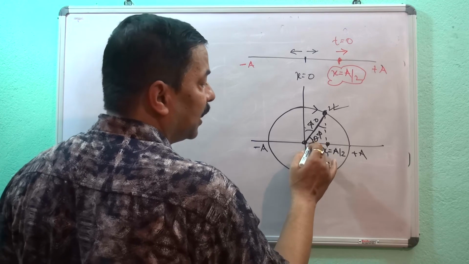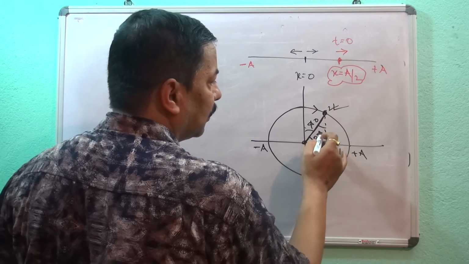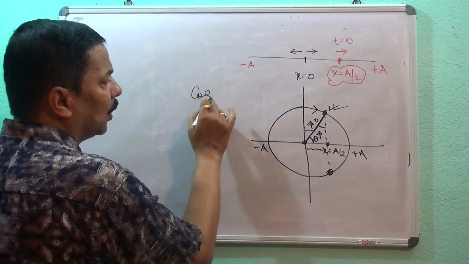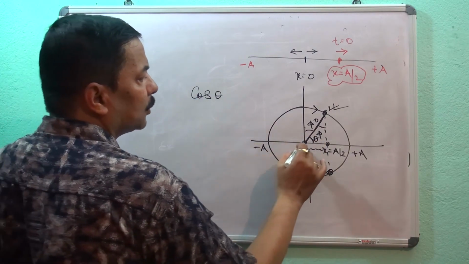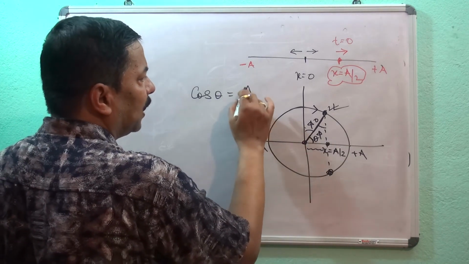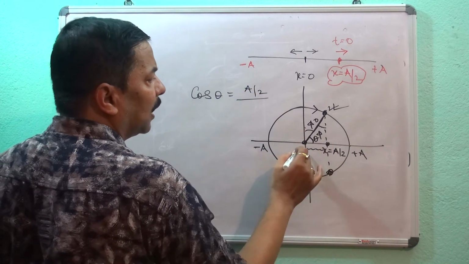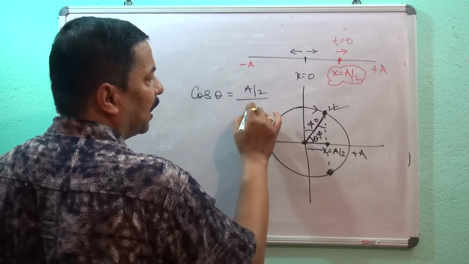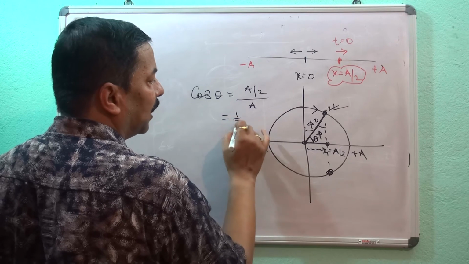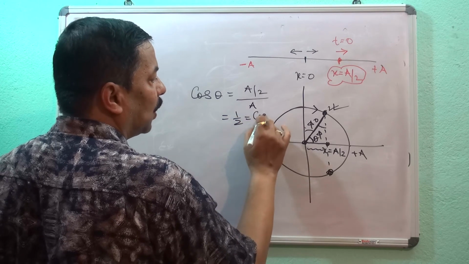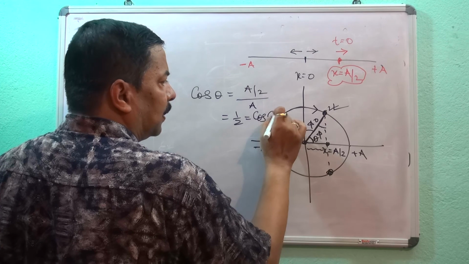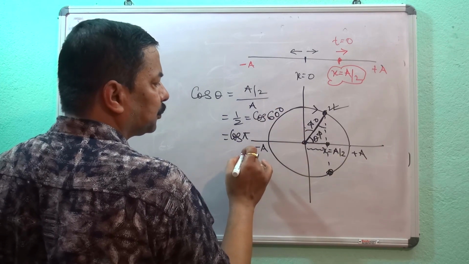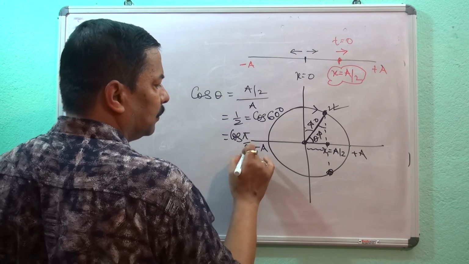If I want to find this angle theta, we can take cos theta is equal to this distance a by 2, the base, by the hypotenuse, which is A. That is 1 by 2, that means cos 60 degrees, that means cos pi by 3.